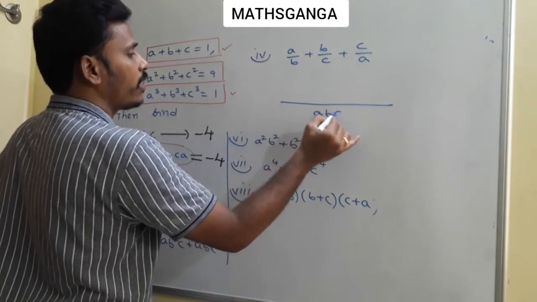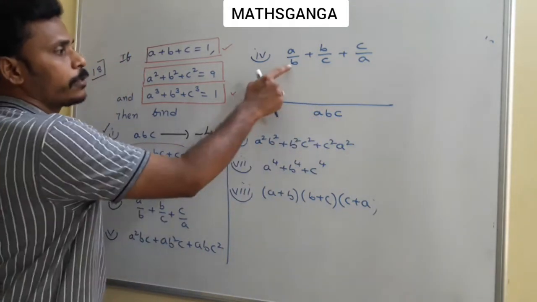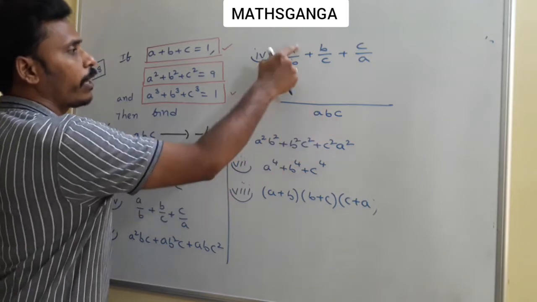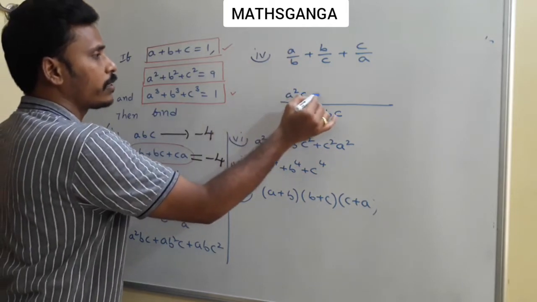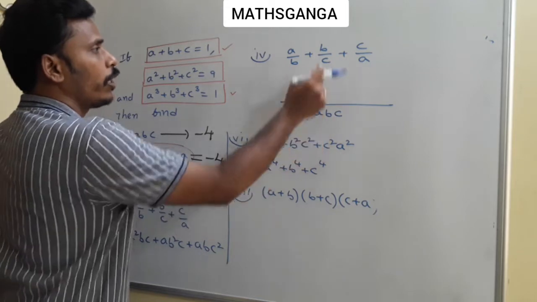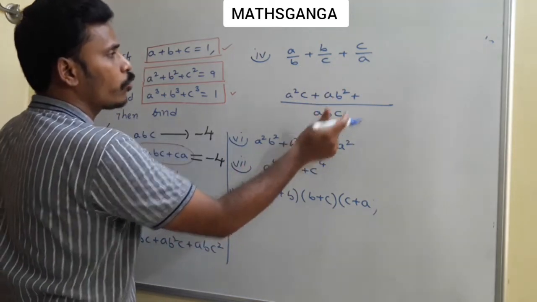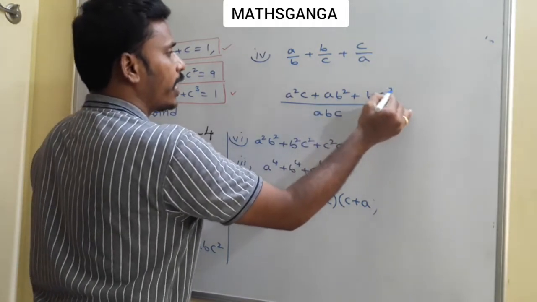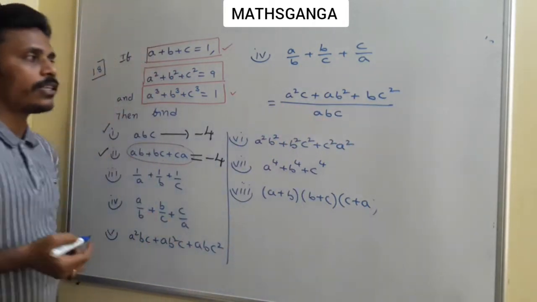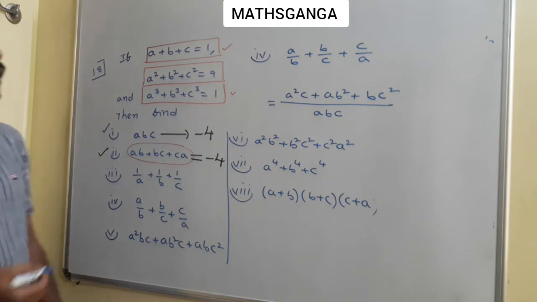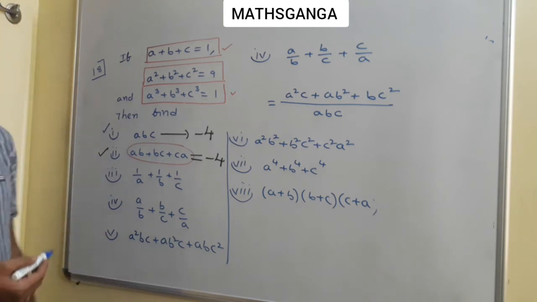If the denominator is abc, since b is balanced, you need to multiply with ac, then you get it as a square c. If c is balanced, you need to multiply with ab, then you get it as ab square. If a is balanced, you need to multiply with bc, you will get it as bc square. Now a square c plus ab square plus bc square over abc.